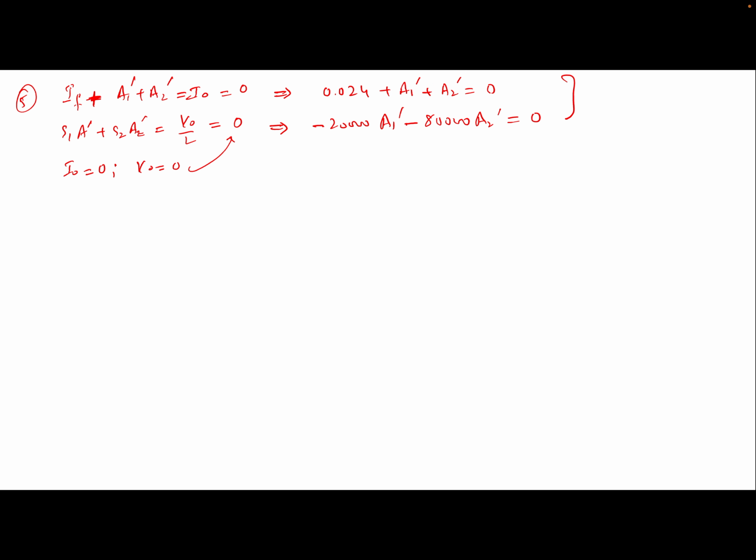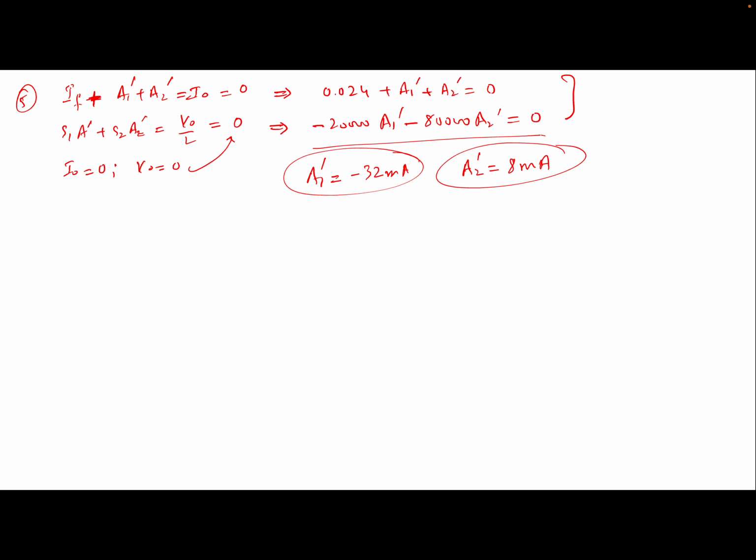Of course, with two equations you can solve for A1 and A2. The value of A1 prime is going to come out to be minus 32 milliamperes, and A2 prime is going to come out to be 8 milliamperes.